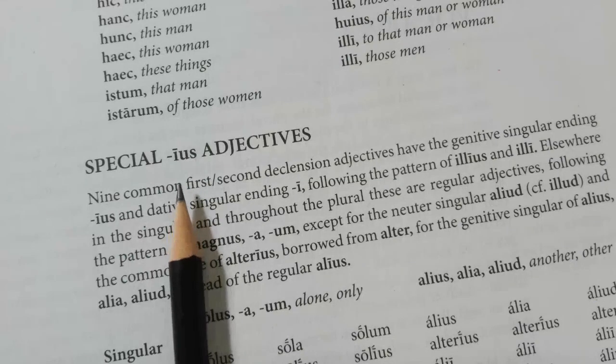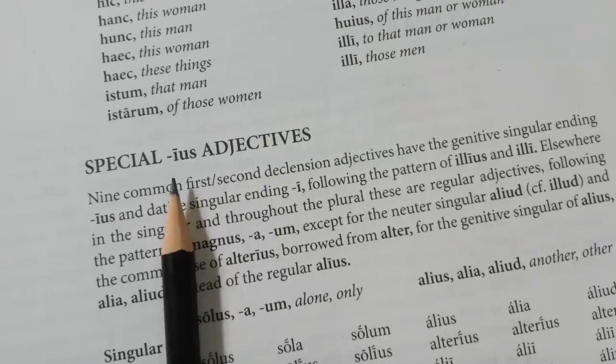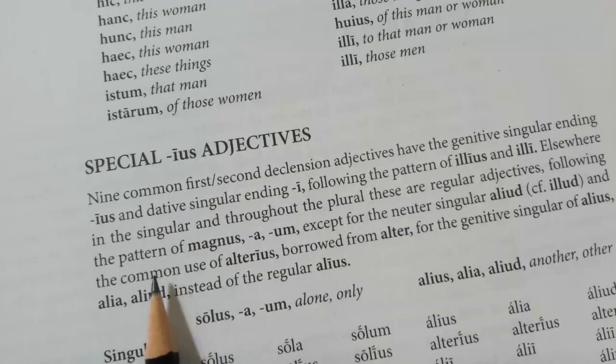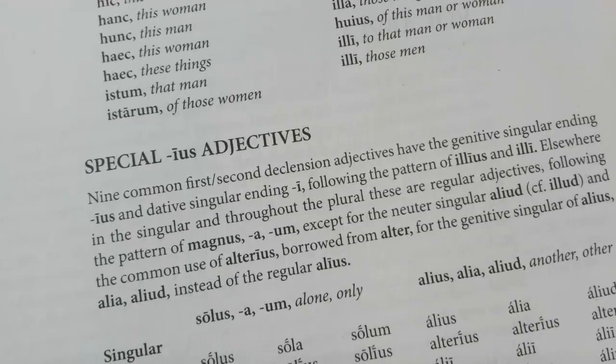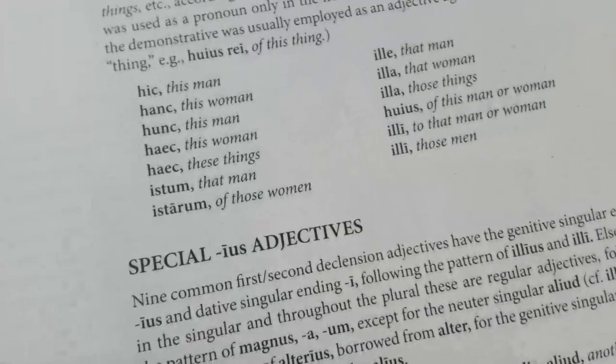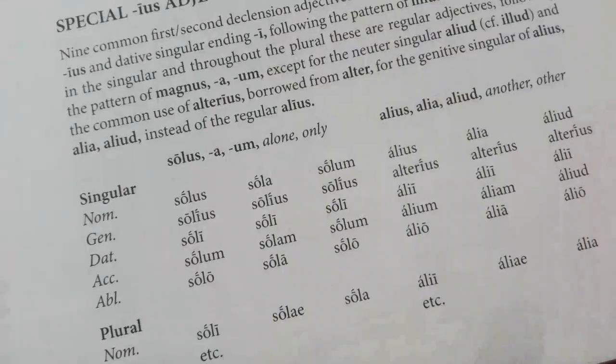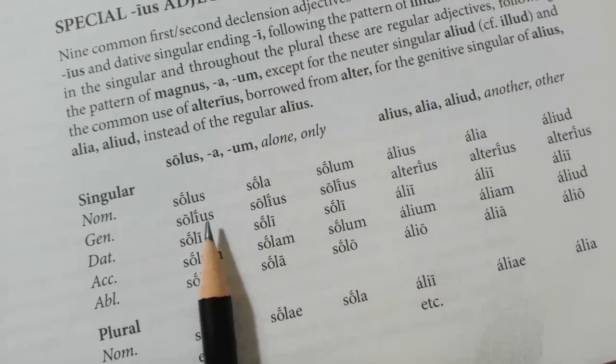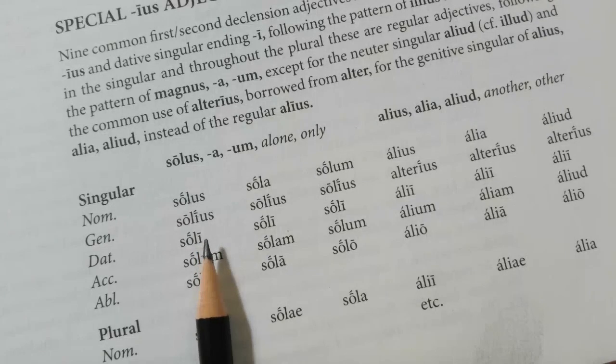Special use adjectives. What that means is that these nine adjectives are going to have the same genitive and dative irregularity that ille and hic and iste have, right? So going down here, take a look. You have, again, ius and then i, right? Remember that.